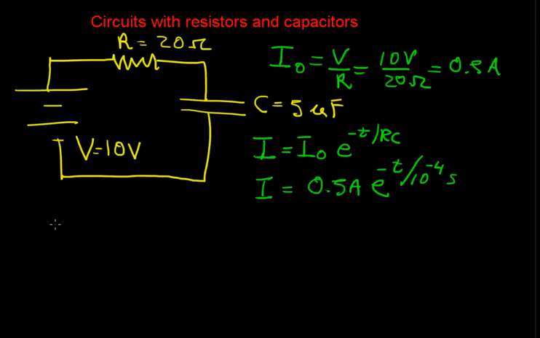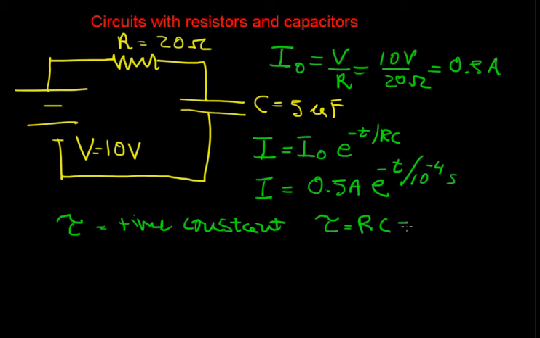As it happens, we often create a constant called the time constant for the circuit. It's the Greek letter tau, and tau is equal to the product of R and C, so it's equal to 10 to the minus 4 seconds.